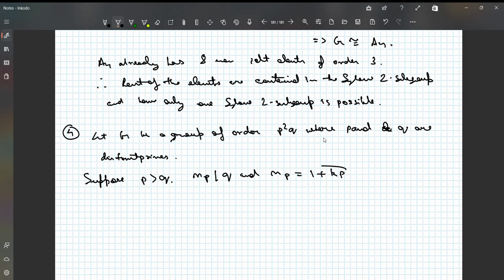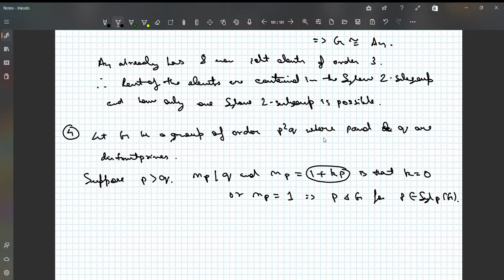But since p is greater than q, the only possibility for a number of the form 1 plus kp to divide q is that k equals 0, or n_p equals 1, but that means P must be normal in G, for P being a Sylow p subgroup of G. Clear?